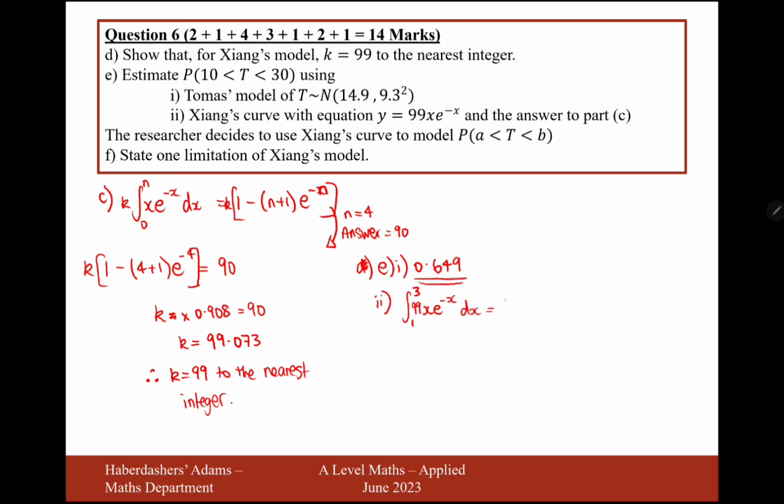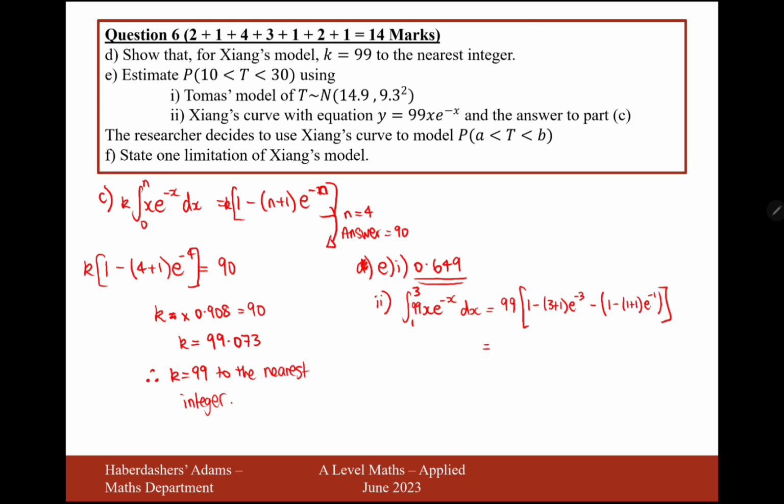We know that's going to give us 99 times, the upper limit is 1 minus (3 plus 1) e to the minus 3, take away 1 minus 1 substituted in, so that's 1 add 1 e to the minus 1.